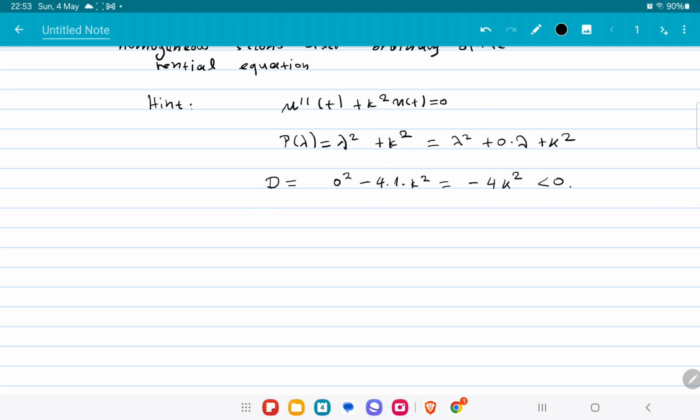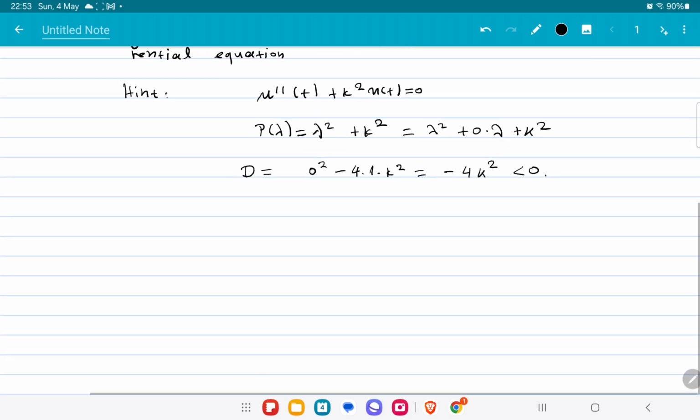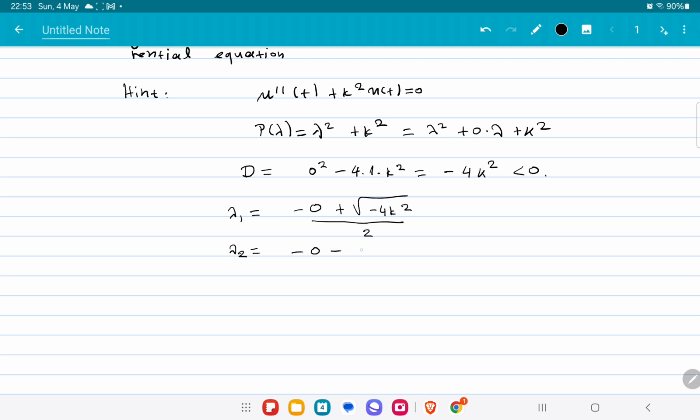And if we have a discriminant which is negative, then for the general solution you find lambda 1 equals and lambda 2 equals minus 0 plus square root of minus 4k squared over 2, and minus 0 minus square root of minus 4k squared over 2.